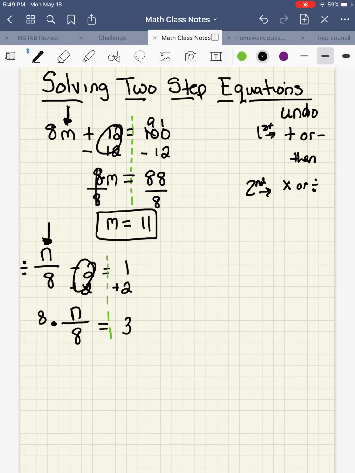If I write that as a fraction, that cross cancels away. Those cancel to 1, and 1 times n is just n. Now I have to multiply both sides by 8, so on the left it canceled out, and on the right 3 times 8 is 24, and that's my answer.